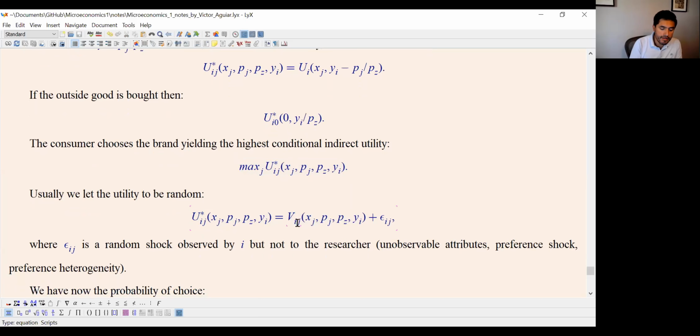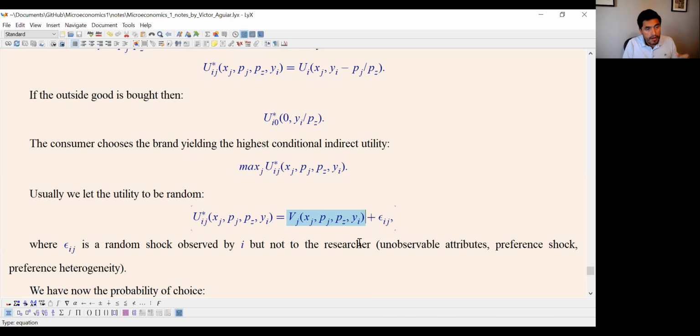It's going to be some common utility to everyone, called the average utility, that is the same across every individual and depends on attributes of the different restaurants: the stars in the Google review, the price of each restaurant, the price of the outside good, and the income of the individual.